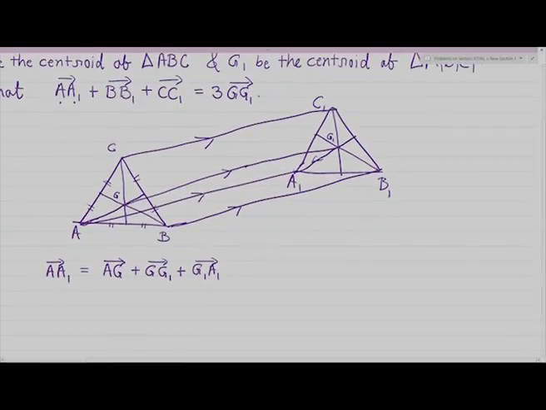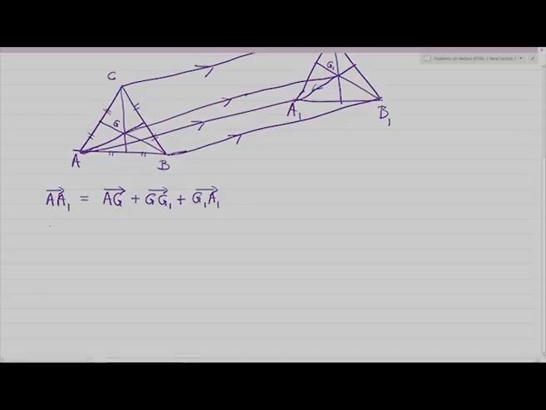In a similar manner, we want a representation for B1 bar or vector B1. Now you can guess, it will be BG. I will come to the centroid of the triangle, again I will write this in terms of G1, plus I have to go from G1 to B1.